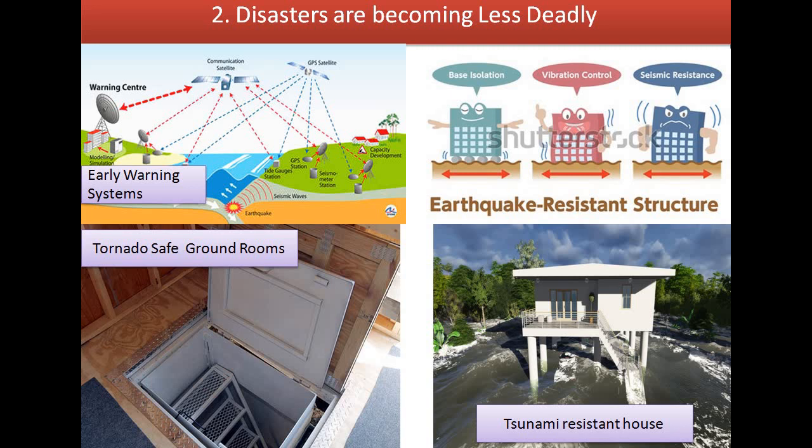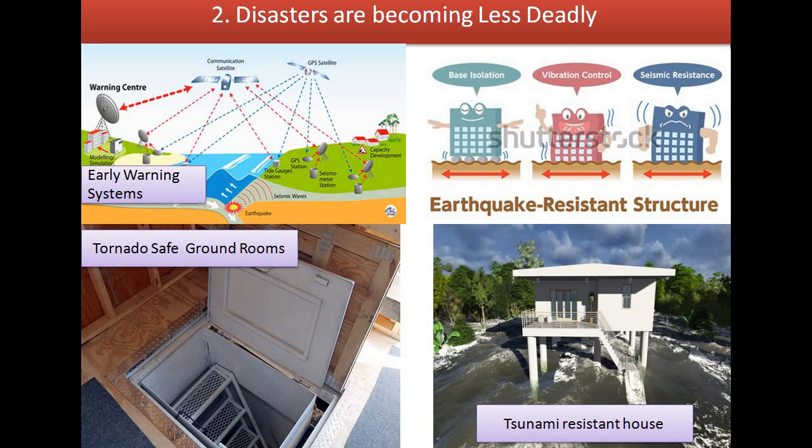The second trend is that disasters are becoming less deadly. Due to advancements in technology, we have early warning systems and earthquake resistant structures which protect people during earthquakes in countries like Japan, where earthquakes are frequent. If an area is frequented by cyclones and tornadoes, people build safe ground rooms and go inside to live safely.